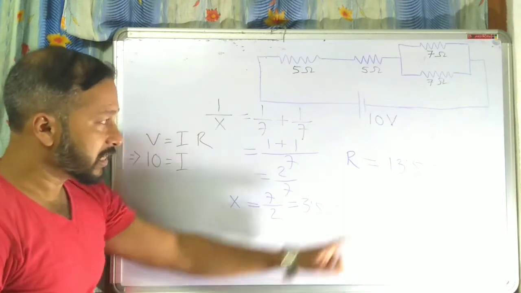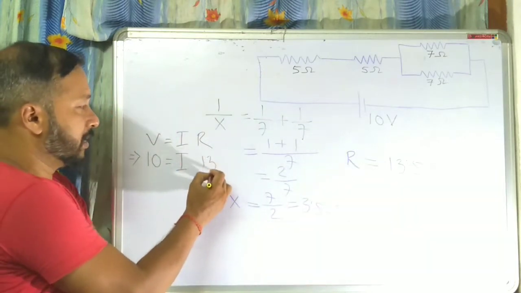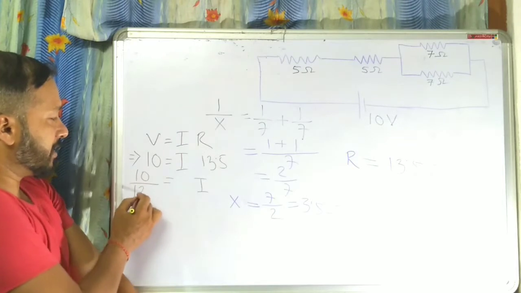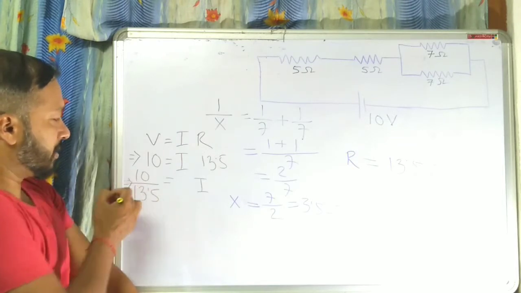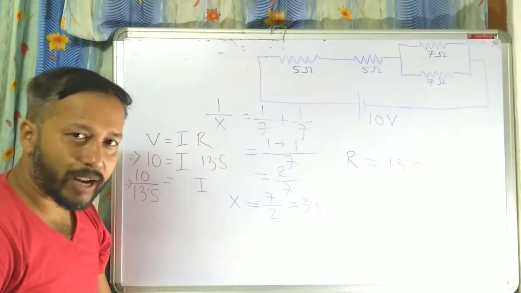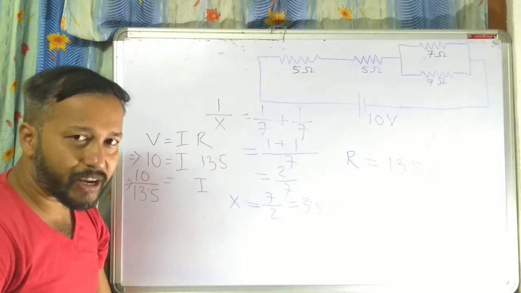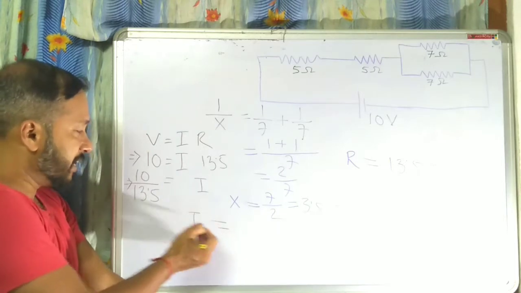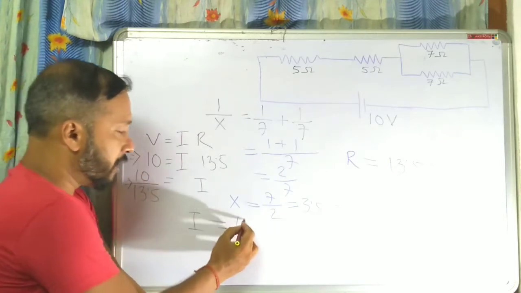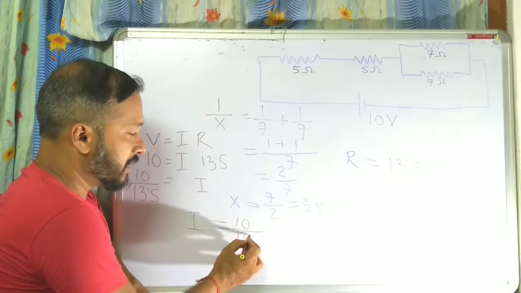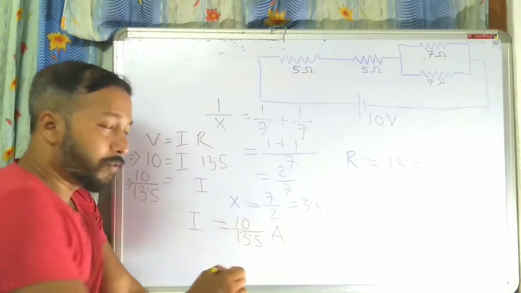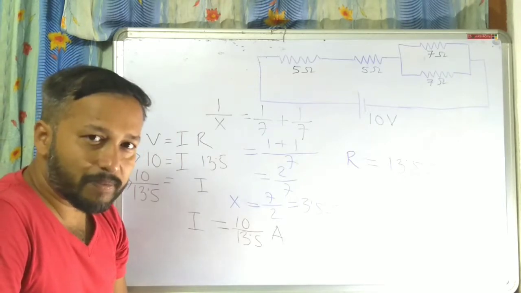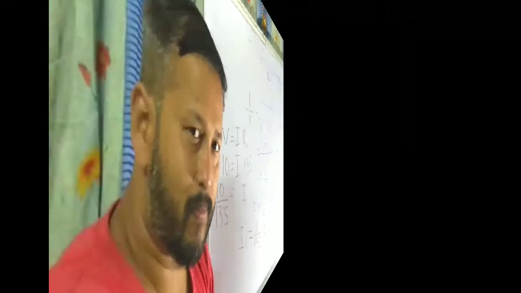What is R? 13.5. So I is 10 by 13.5. After calculation, whatever you get is I. So here I am writing I equal to 10 by 13.5 ampere. We know the unit of current is ampere. Understood this sum?